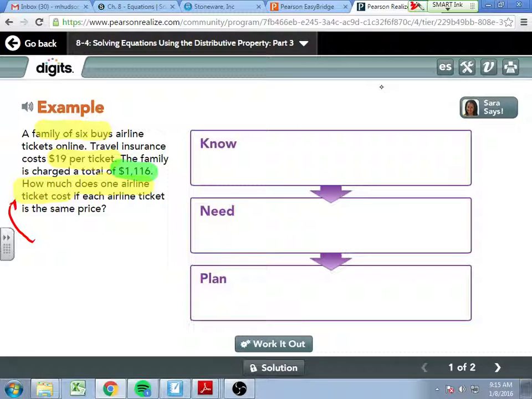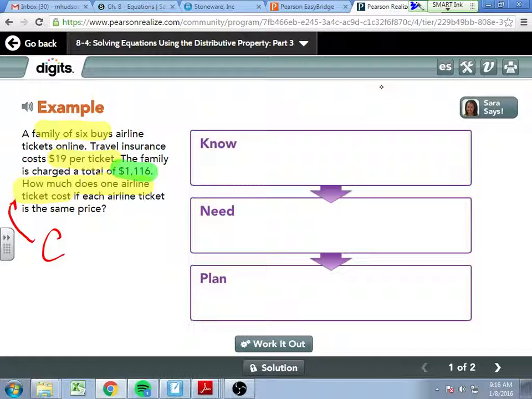Well, since we're talking about tickets, I don't really like T. So instead, we could use C for cost of a ticket. We don't really like to use T as a variable. It just looks too much like mathematical symbols. So now let's write out what we know.